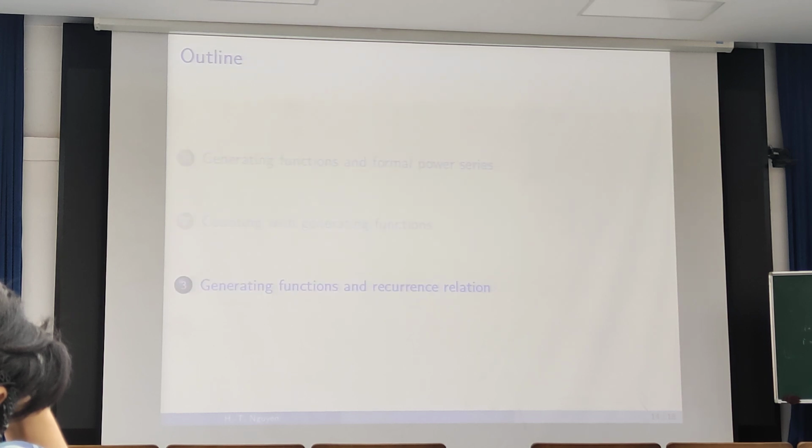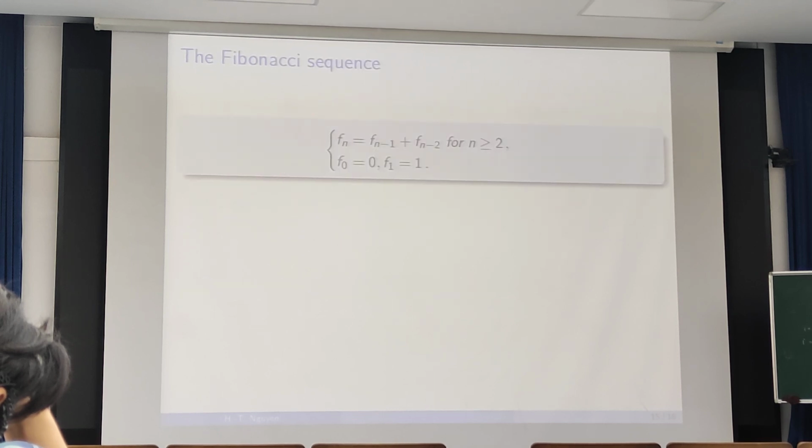Another important application of generating functions is that you can use generating functions to solve recurrence relations. Now I will show you an example of how to calculate the generating function for the Fibonacci sequence.